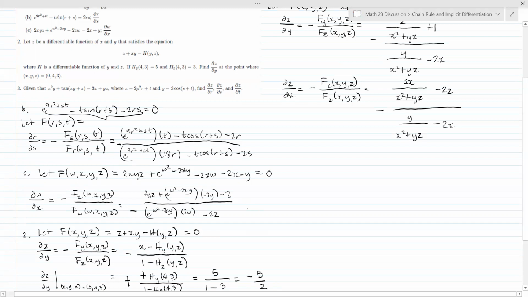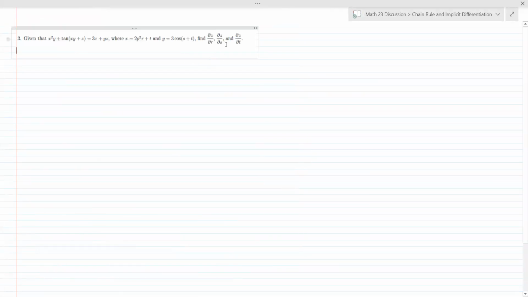Okay, so we have one more example. I think we need another page for this. Kunin lang natin to. Ayan. Okay, so solving sa number 3 naman, paano natin ito i-solve?